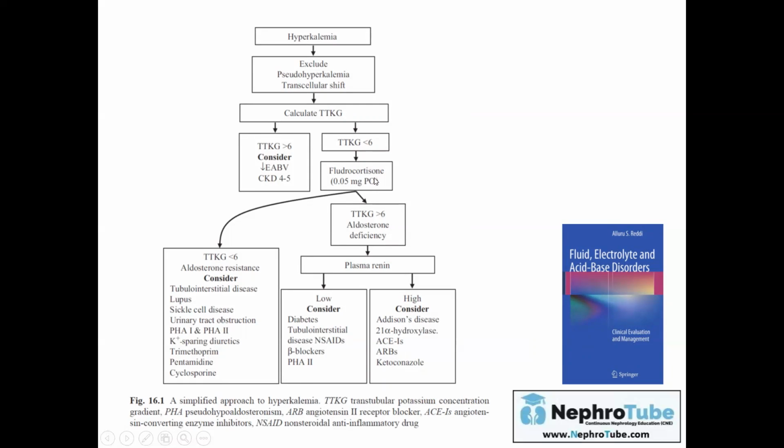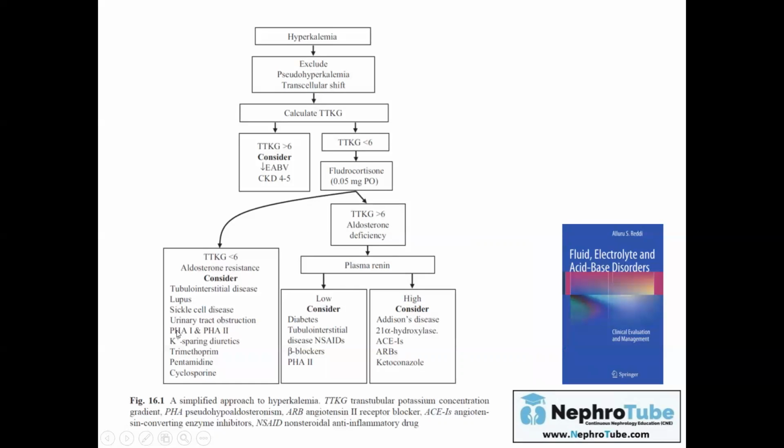If the gradient improved, the main cause was aldosterone deficiency, and if it is not improved, the main cause is aldosterone resistance. But again, if you look at all of these causes, you will find that they will be presented by a combination of manifestations and clinical lab parameters that will guide you to diagnose the case.